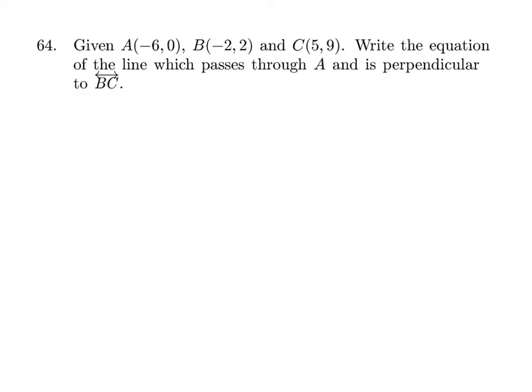Okay, given ABC, write the equation of a line that passes through A and is perpendicular to BC. Okay, very similar to the previous problem, 63. All right, I need to find the slope of line BC. All right, so I use these two points. So I'm going to figure out the slope of BC, using a little subscript here.